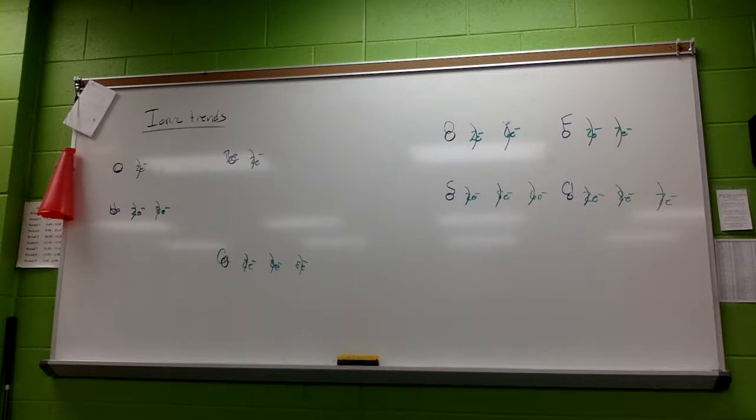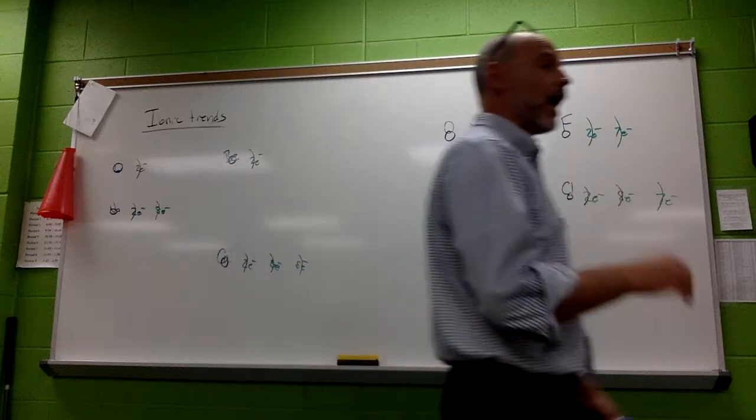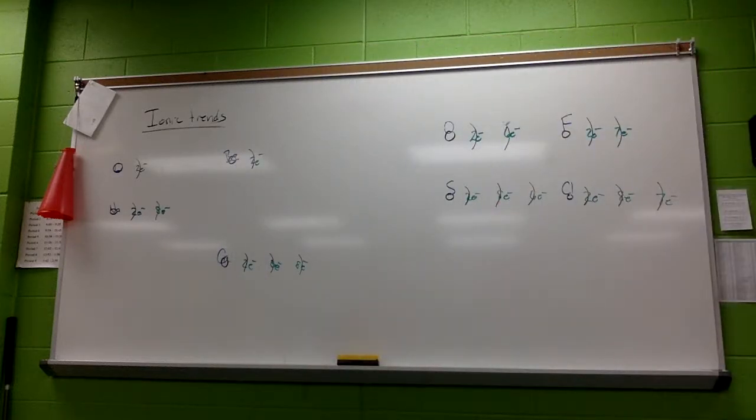They lost electrons from an entire energy level. That's kind of a no-brainer one. Would you guys agree with that? So for metals, their ionic radii are smaller than their neutral atom counterparts, because an entire energy level is lost.